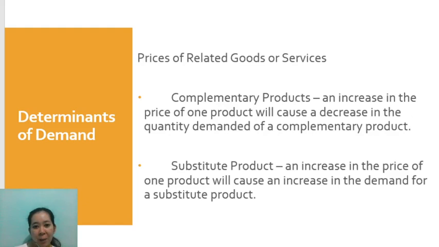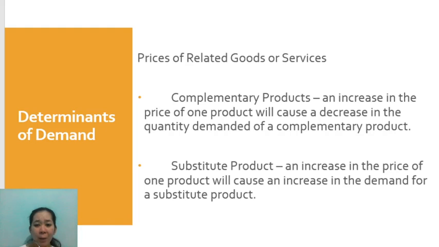So the third determinant is the prices of related goods or services. What are related goods or services? They can be in the form of a complementary product or a substitute product.